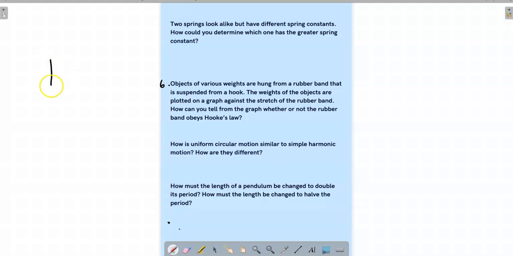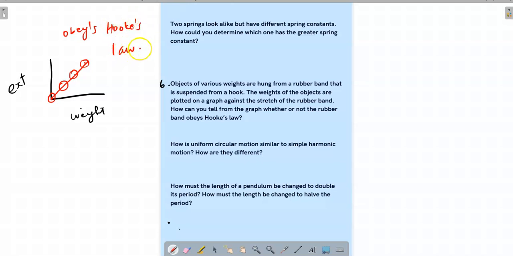Okay. Now they say there is a graph and they are adding the weights and measuring the extension and plotting the graph. And if the graph makes a straight line, then the material obeys Hooke's law.